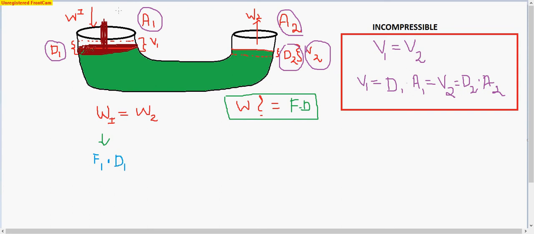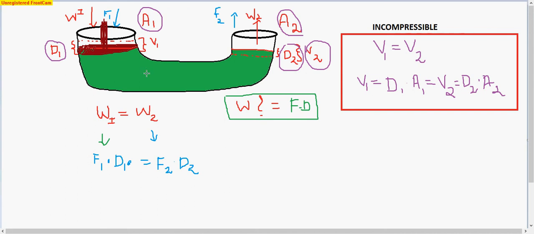So we have a force F1 which does a work of W1, which is equal to, from here we also have, let's assume that a force F2 does a work of W2, F2 into d2, right?